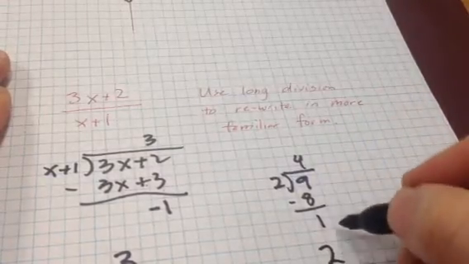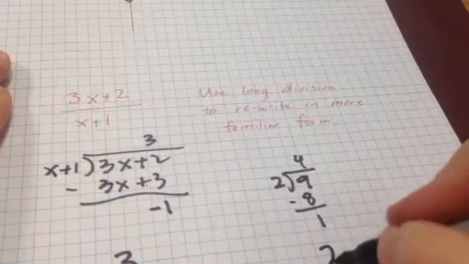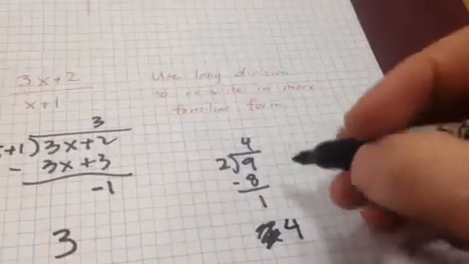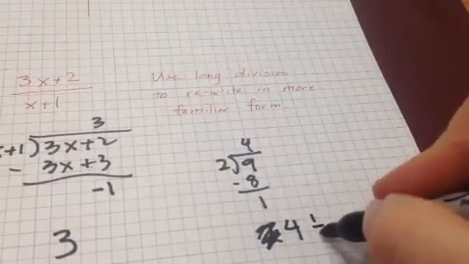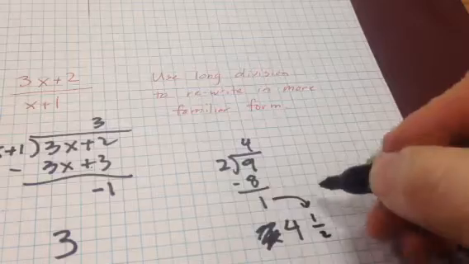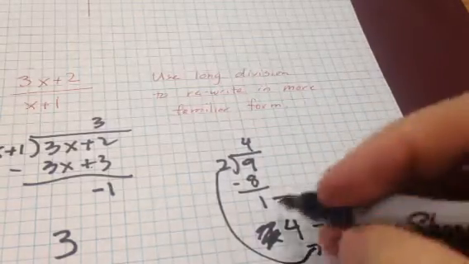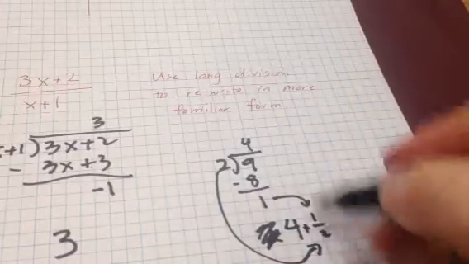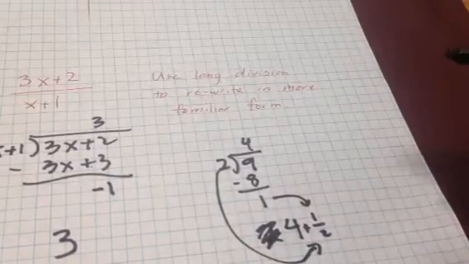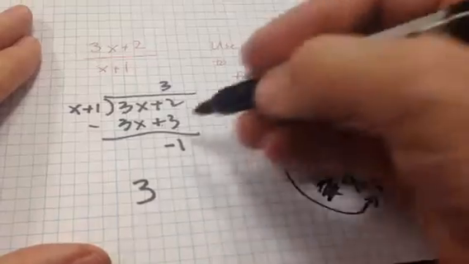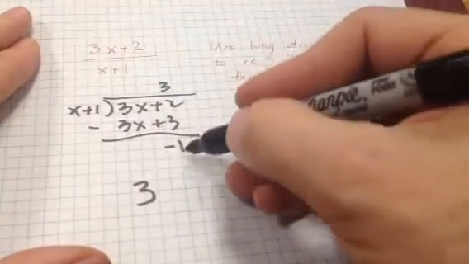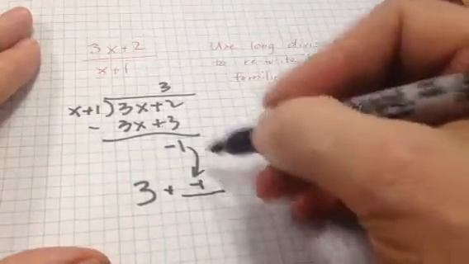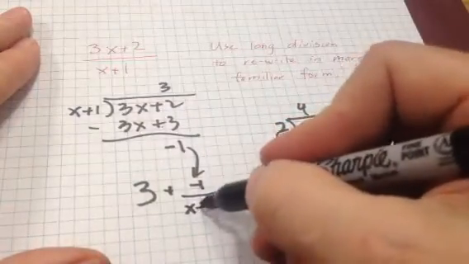So I could say 4 remainder 1, or I could also say 4 and 1 half, because I got the 1 and the 2, and so 4 plus another 1 half is what 2 times 4 and a half will give me, 9. So we're going to do that same trick here. We're going to say, oh, I've got a remainder here, but I want to write it in an interesting way. So I'm going to say, okay, plus -1 divided by my x plus 1.